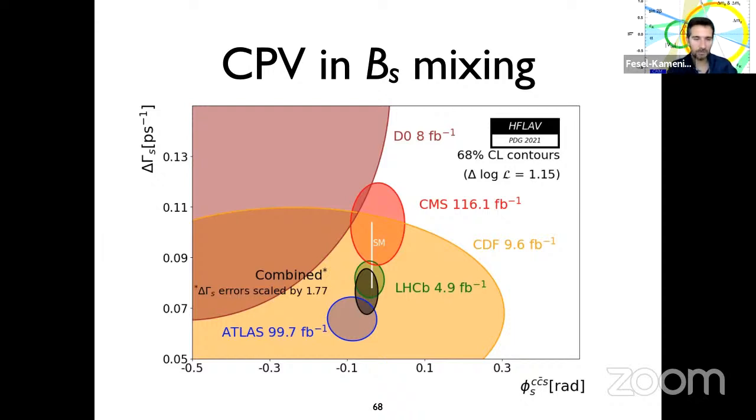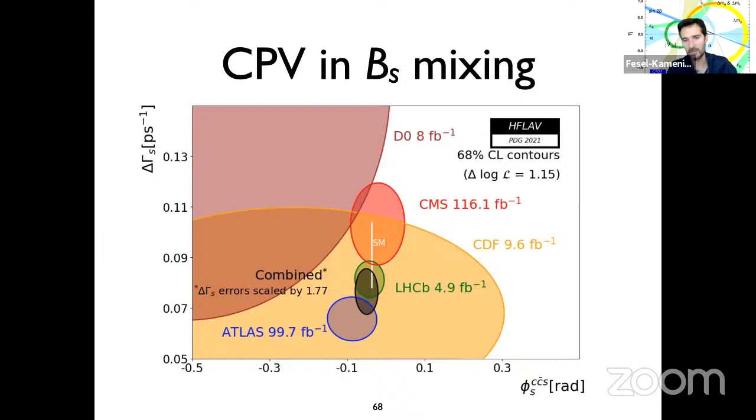Because delta gamma S is not negligible, these measurements depend on delta gamma S, and they need to combine the measurement of delta gamma with the measurement of this phase.